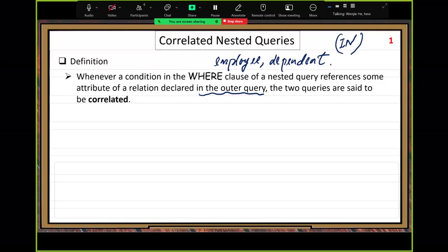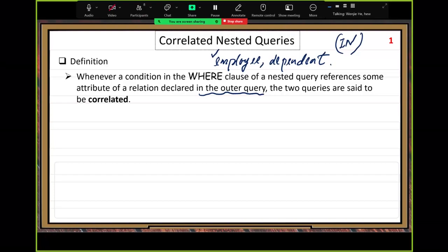There is a way to write the query as a correlated nested query, with an outer query and an inner query. The outer query selects first name, last name of employee.